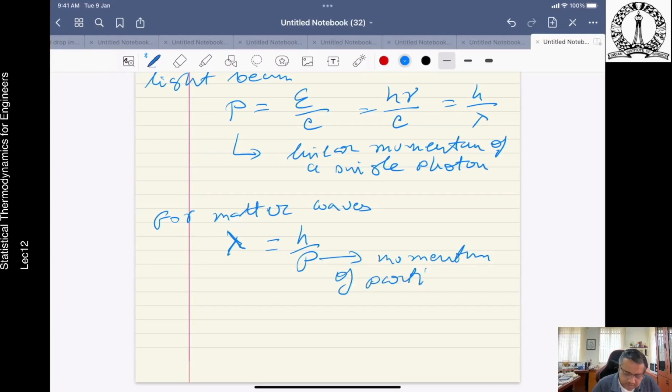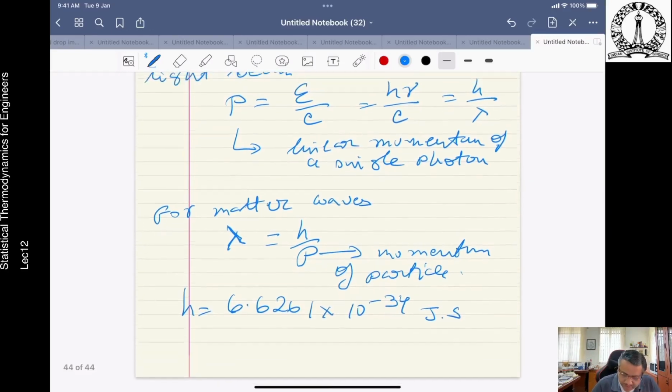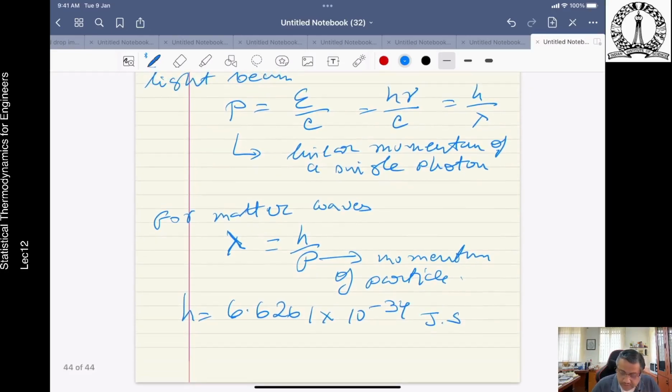Since h is about 6.6261 times 10 to the power of minus 34 joule second, and the momentum of a particle will be kind of small, lambda is usually very small for large matter.